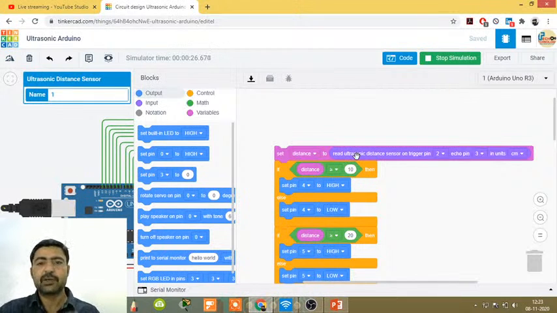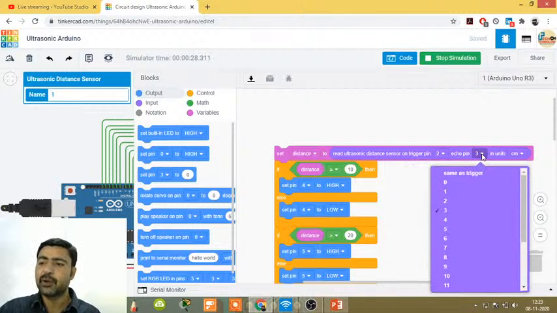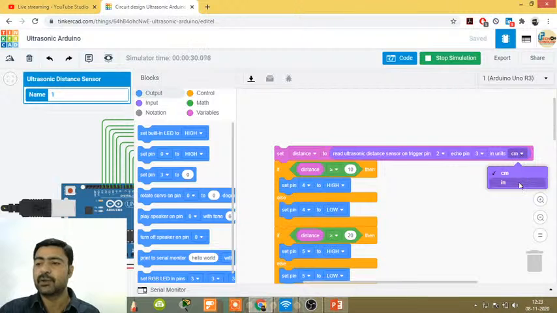That means we need to tell which pin you have connected your trigger pin to, which is pin number 2 as per our project, and pin number 3 of the Arduino is connected to the echo pin of your ultrasonic sensor. Then, the unit in which you will be sensing: you can sense in centimeters, or you can sense in inches also. So let's take centimeters only.